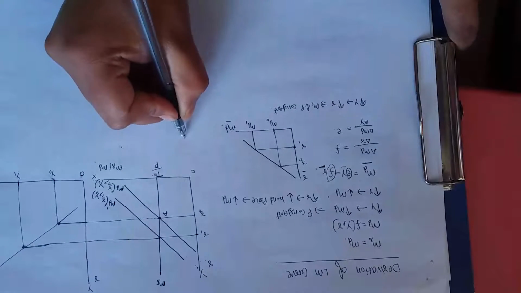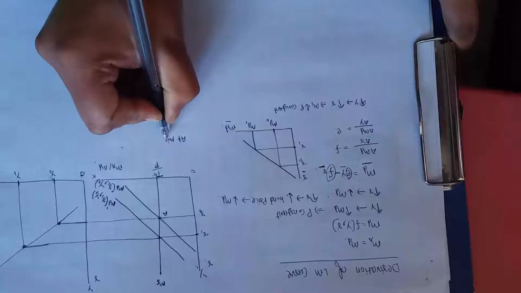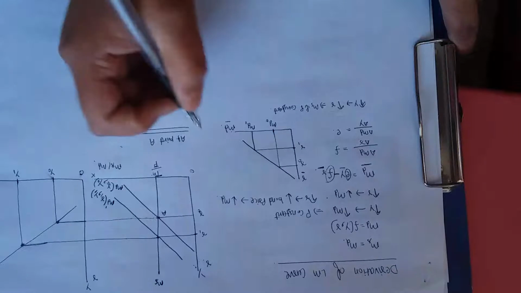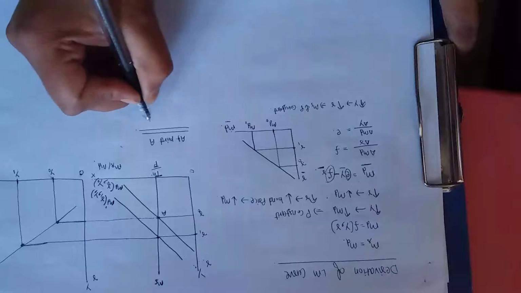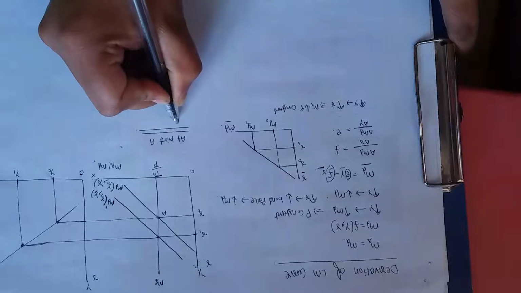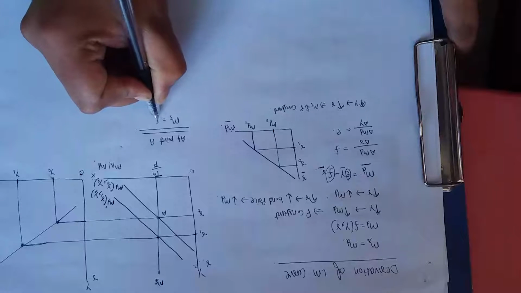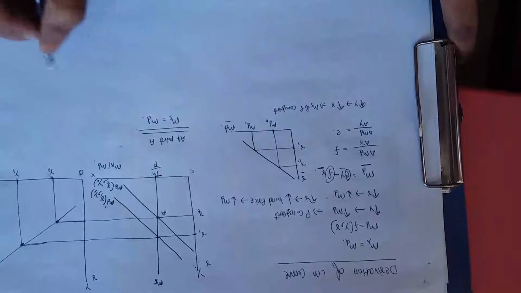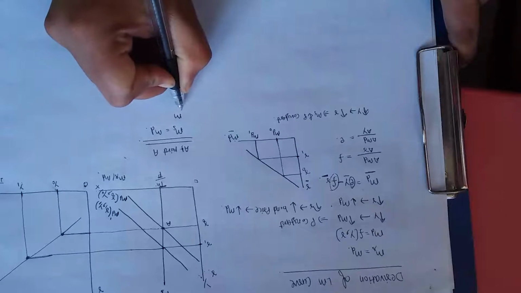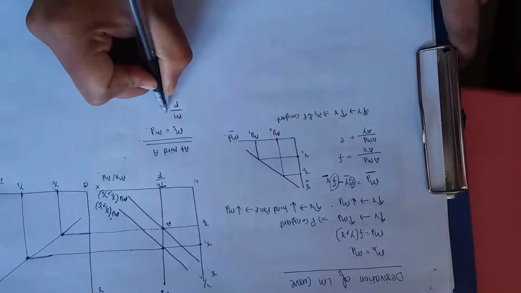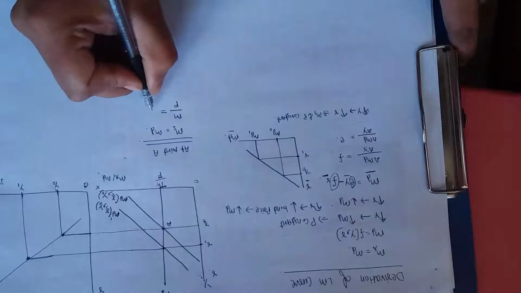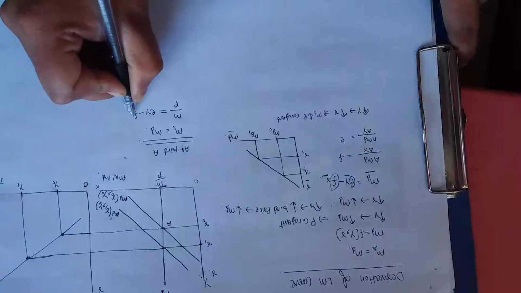Now at point A, equilibrium, money supply is equal to money demand. Put the value of money supply and money demand here. Money supply, M upon P, is equal to the equation of money demand, EY minus FR.